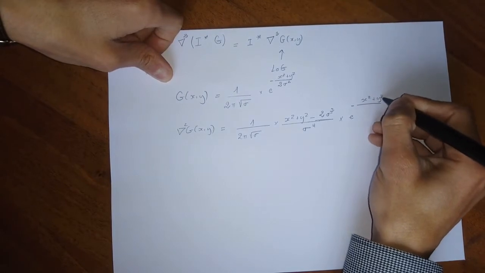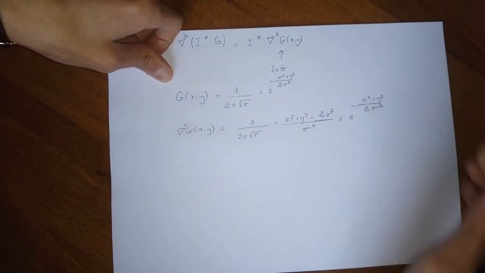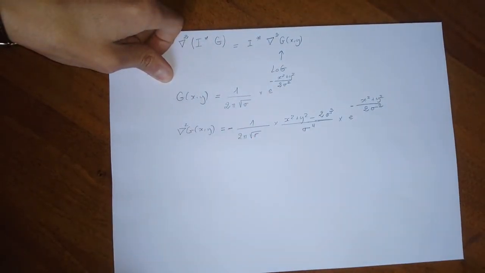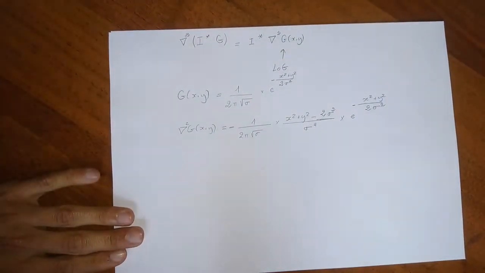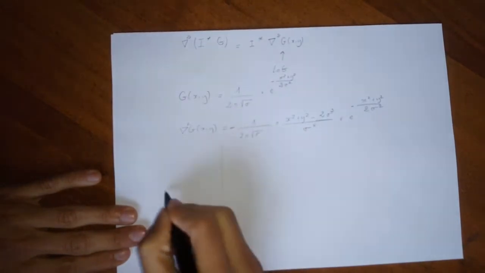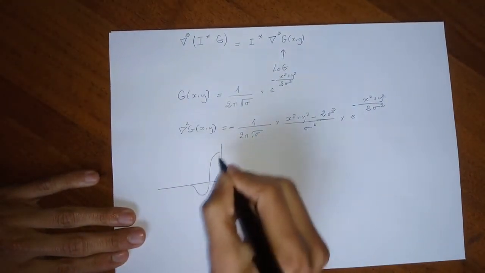And this is basically the Laplacian of Gaussian formula. I'm missing a minus here. So that's it. Now, on a one-dimensional level, this Laplacian of Gaussian would look like this.